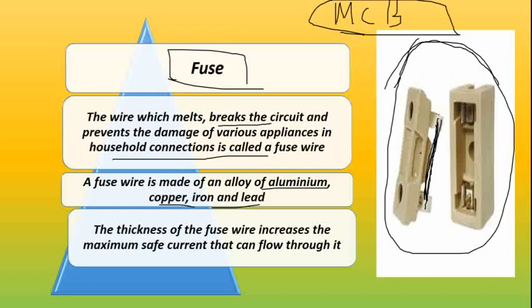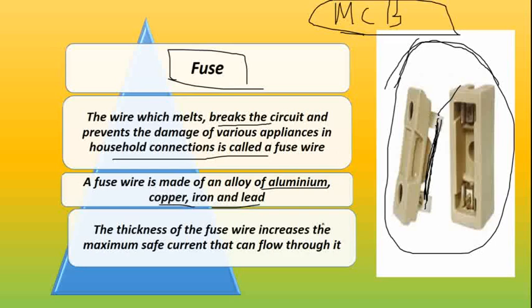Suppose whenever an excess amount of current flows through it, then it automatically gets melted and the circuit gets broken, and the excess current passing through the appliance is stopped, and the appliance gets protected and prevented from damage.